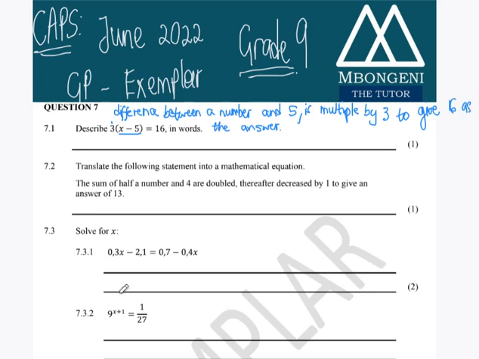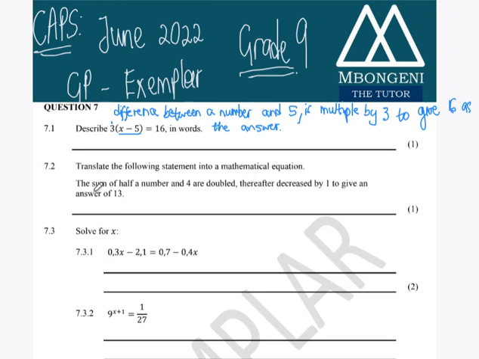Right, so that's pretty much how you can explain it. Or you can say 5 was subtracted from a number, and then that was multiplied by 3 to give the answer 16. Same thing.